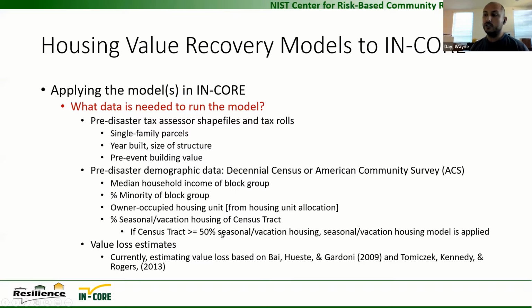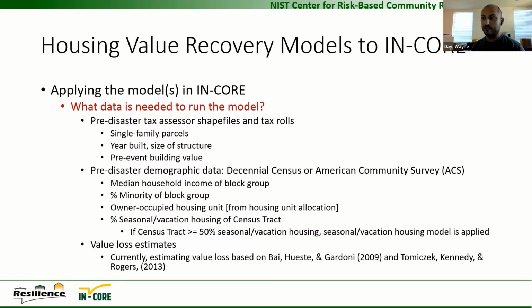And then also at the census tract level, we're getting the percentage of seasonal vacation housing, and we need that because if a census tract has greater than 50% seasonal vacation housing out of total housing, then we're applying the seasonal vacation housing model to the structures within that census tract.